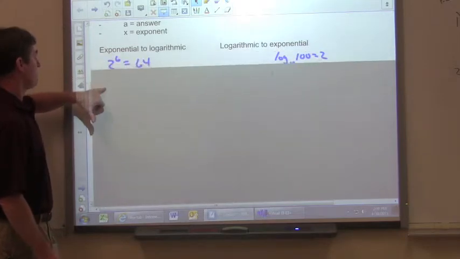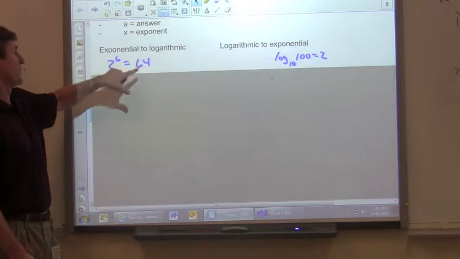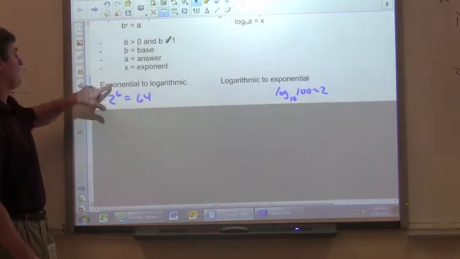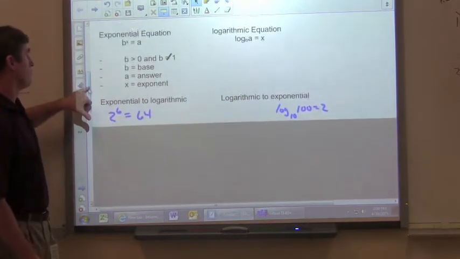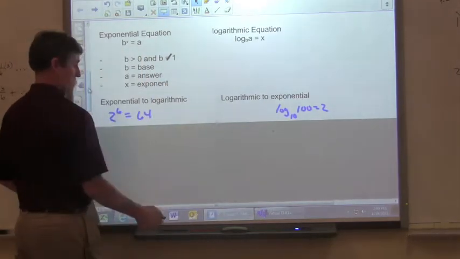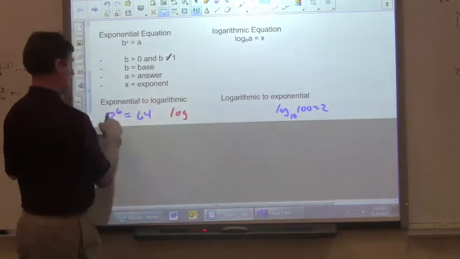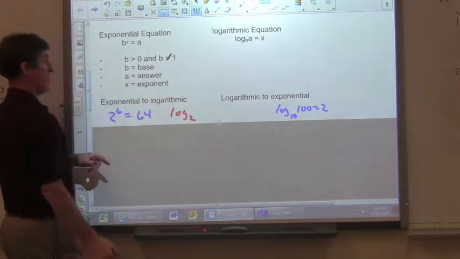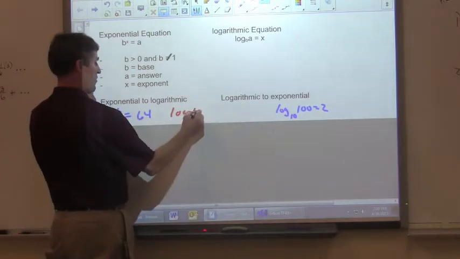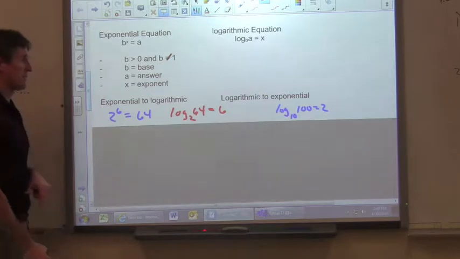So, 2 to the 6th equals 64. If I'm going to transform that from exponential to logarithmic form, you can see we're going from here to here. So it would be log, our base is 2, our answer is 64, equals our exponent 6.